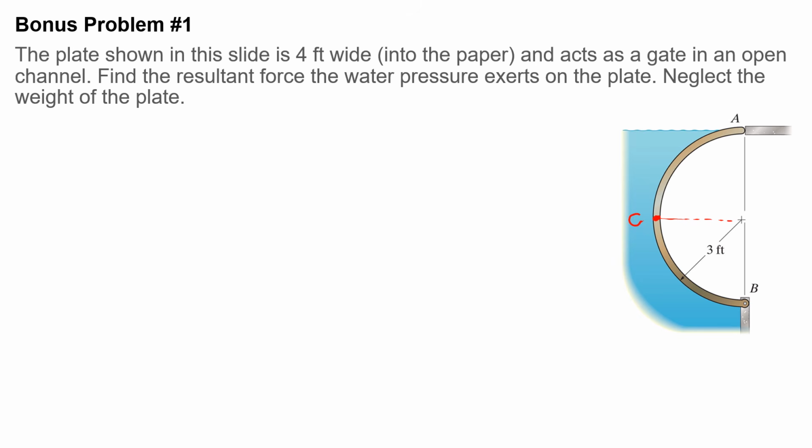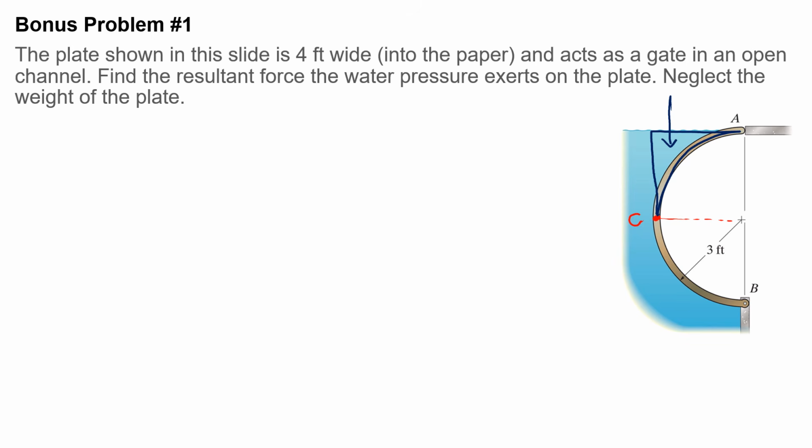So the characteristics of these two parts are different. Specifically, when we are talking about part AC, you can see that water or fluid is above part AC. So if I want to sketch that, it would be something like this. So the vertical force on part AC is in this direction, right?